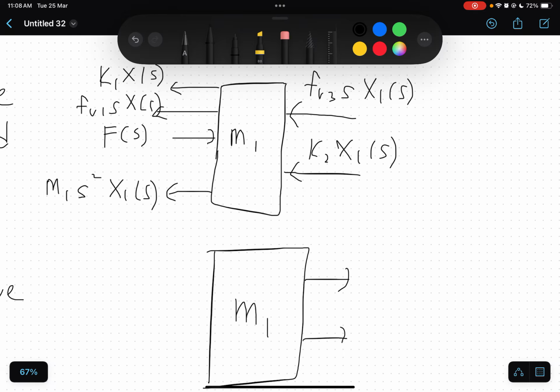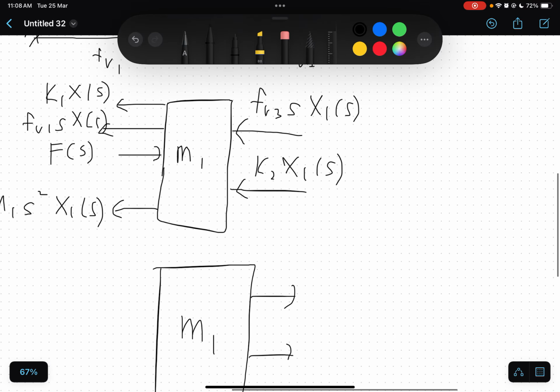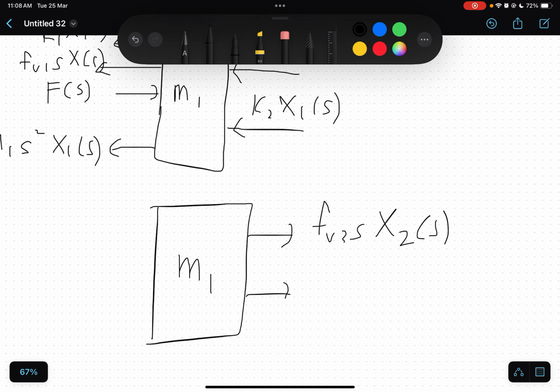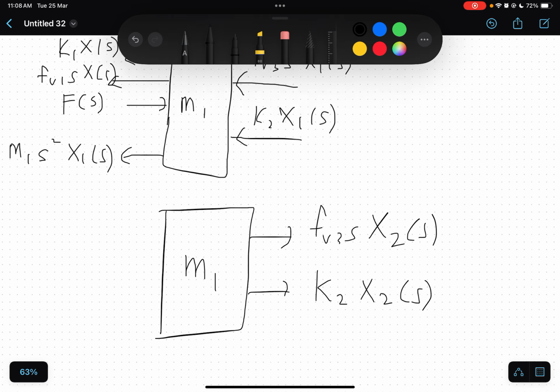So we have the damper, which is FV3 S X2S. Okay, remember now, because it is caused by the motion of M2, so it's X2S. And now we have the K2 X2S.